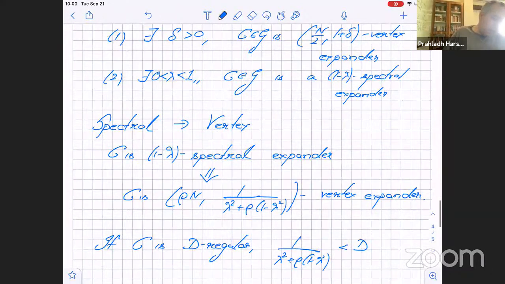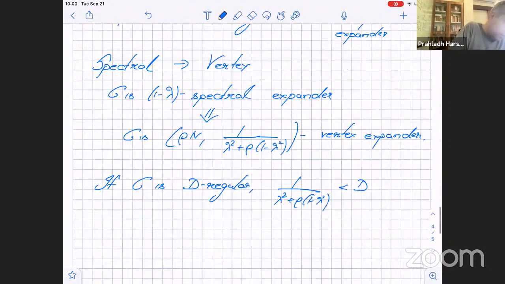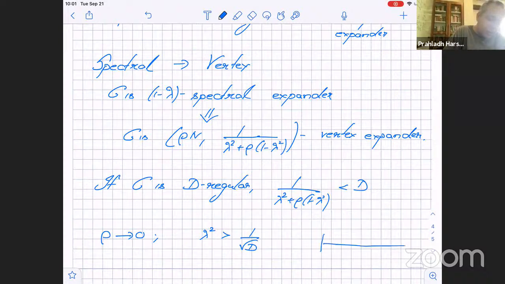So in particular, if you think of sets of very small size, rho tending to 0, this will tell you that lambda square has to be at least 1 over square root D. So if you look at the second eigenvalue, lambda is a bound on the absolute value of the second eigenvalue.